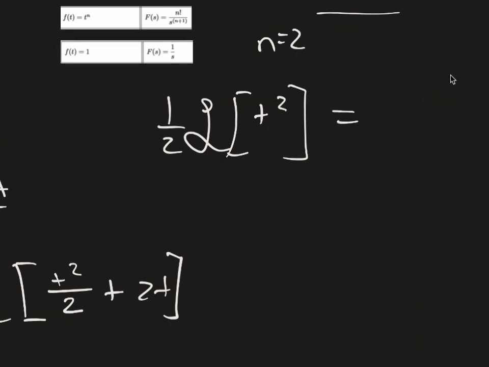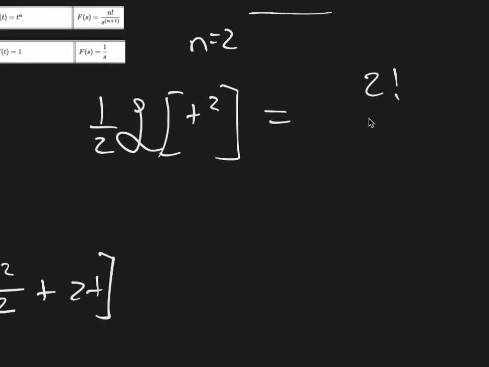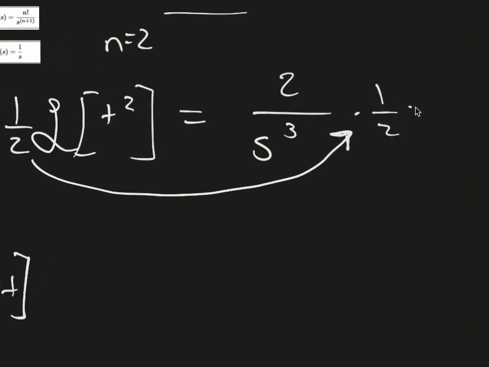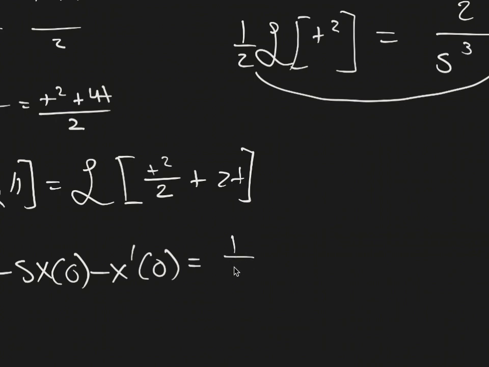That means we're going to have 2 factorial over s to the 2 plus 1, which is 3. And remember, 2 factorial just means 2 times 1, which is 2. And then we have to bring back our 1/2. And that's just going to equal 1 over s to the 3. So we can write 1 over s to the 3, and then we're going to cross that out.